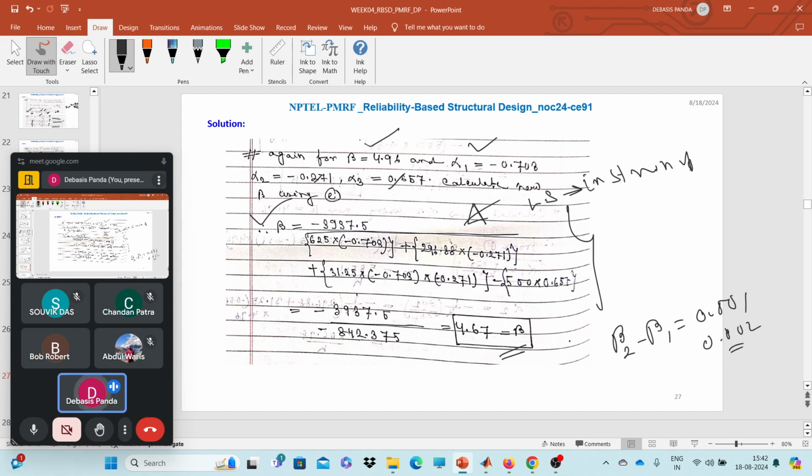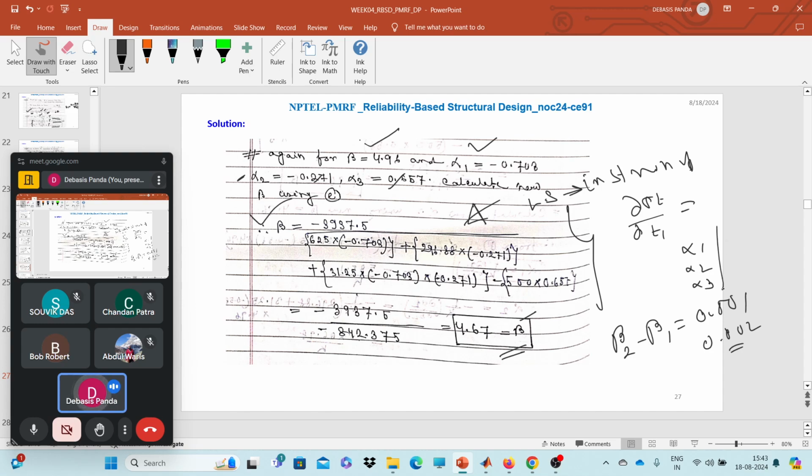Clear? So again, you have beta, you can find the new alphas. Yes or no? Can you? How? You have beta, you have alphas. Go back to that formula, the direction cosines, where beta and zi are there. Put them there, you will find alpha 1, alpha 2, and alpha 3.